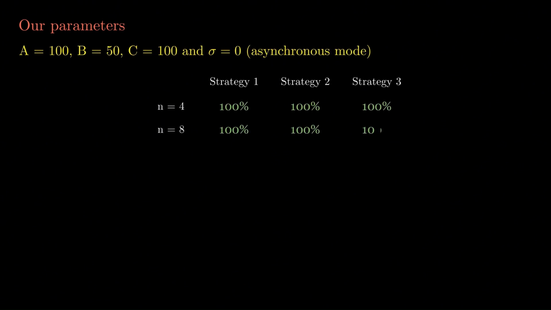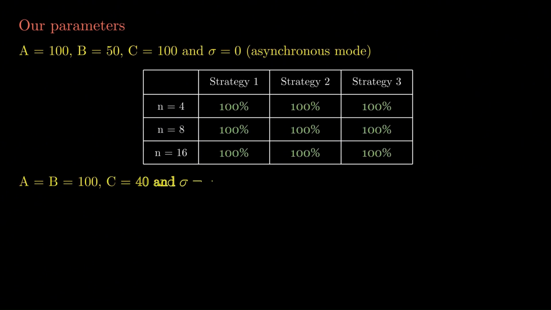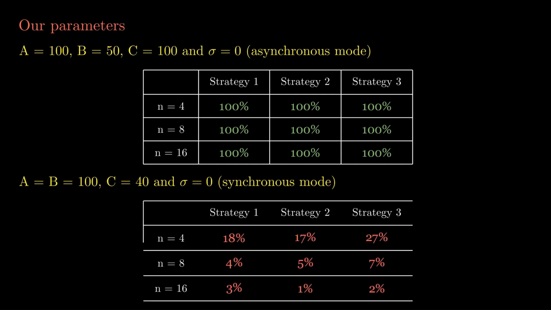Interestingly, when we relaxed the diagonal constraint in asynchronous mode, the model still performed very well. But in synchronous mode, when we force the network to place exactly n queens, the success rate drops significantly. This highlights how sensitive the model can be to its parameters.